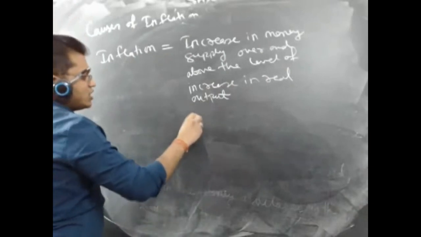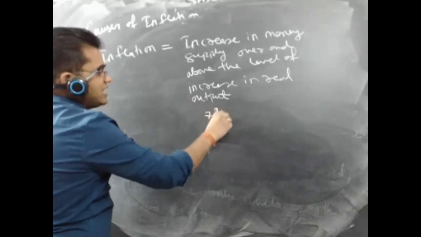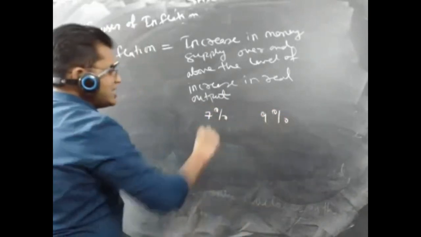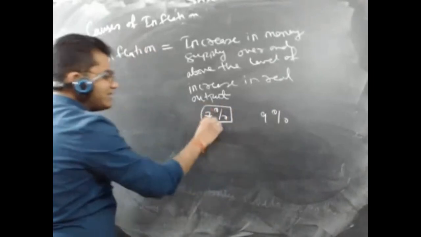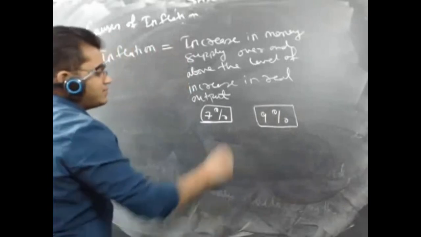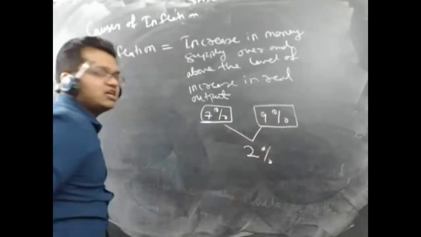So what they are saying is that if your economy's output is growing by 7% but the money supply has increased by 9%, then this 2% is going to create inflation in the economy.